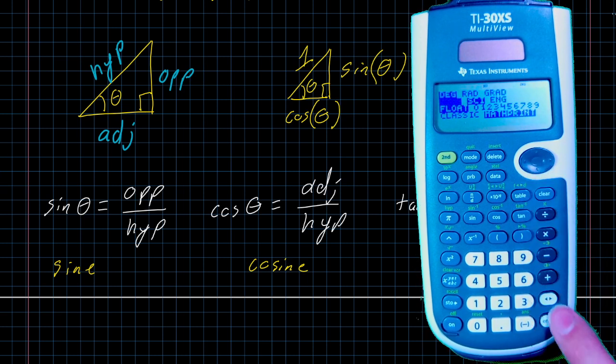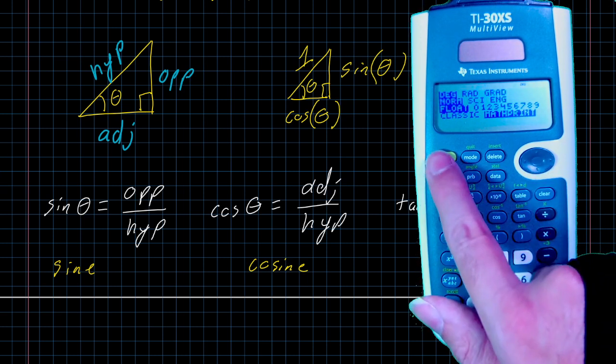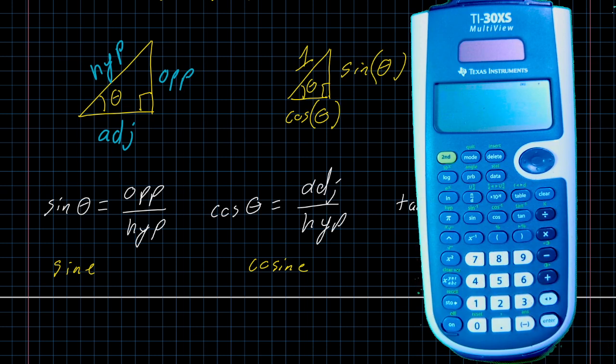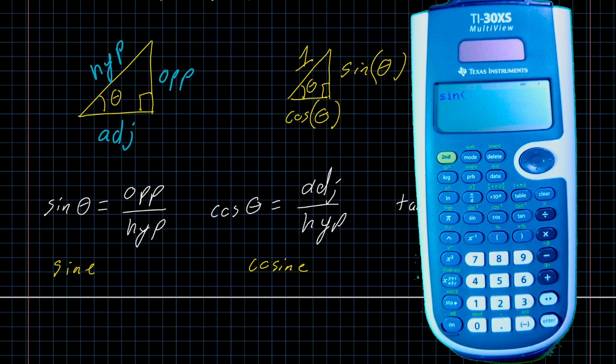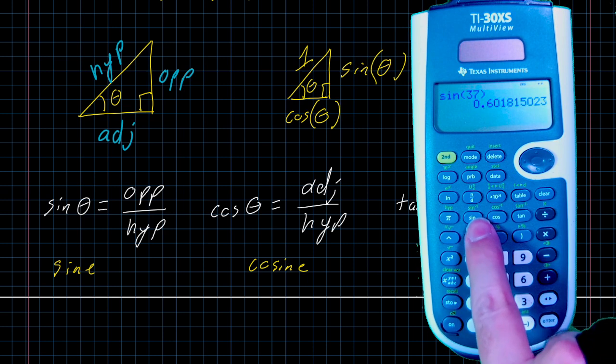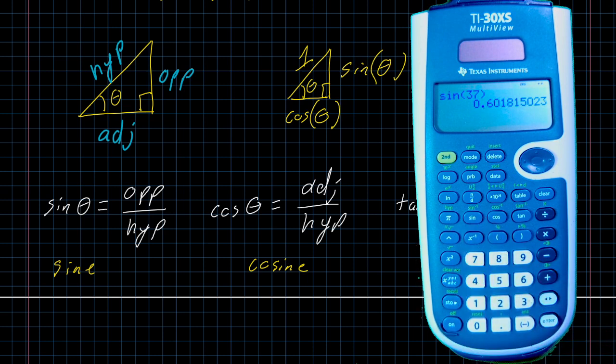I'm also going to put it in normal mode instead of scientific notation, because I think that's a little bit easier for most people watching this. And so, if I want to find the sine for the angle 37 degrees, I have a sine button built into my calculator. Every now and then you'll find a calculator where that's hidden, but it's usually pretty readily available.